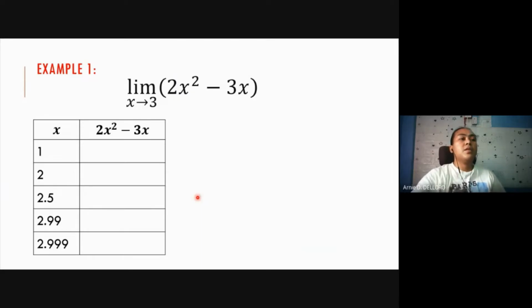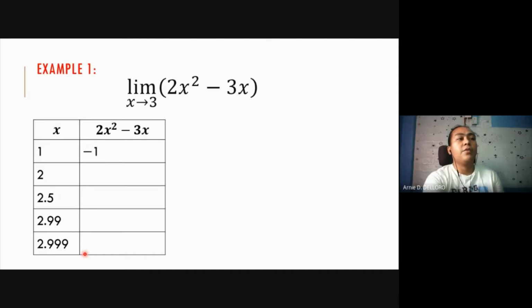In this case, the values of x are 1, 2, 2.5, 2.99, 2.999. So what will be the values of this function if x is equal to 1, 2, 2.5, 2.99, or 2.999?